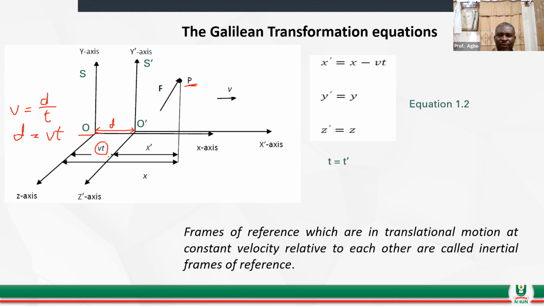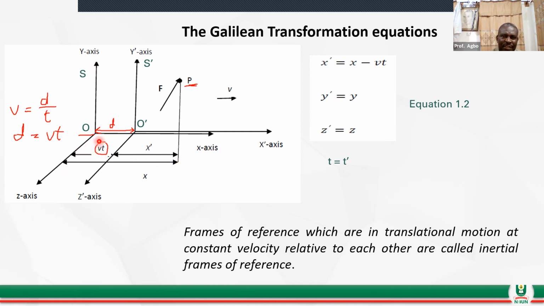Now, what is this X prime? From here to here is the distance x the observer in the S frame has to measure.